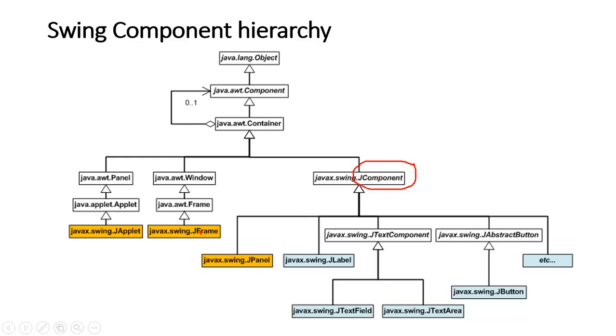Okay, there are exceptions. I'll come back to that slightly later. So from JComponent, I can have a derivation for label, an indirect derivation for button, and a derivation for text area, text field, and so on and so forth. So all our components are derived from JComponent.